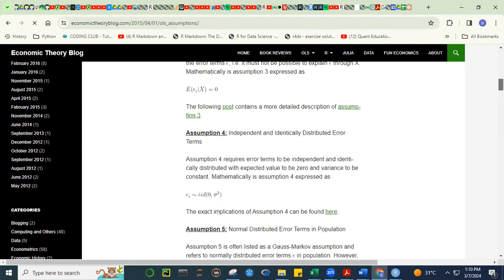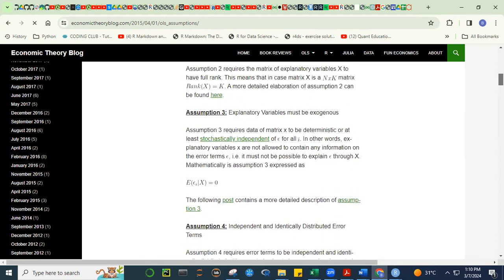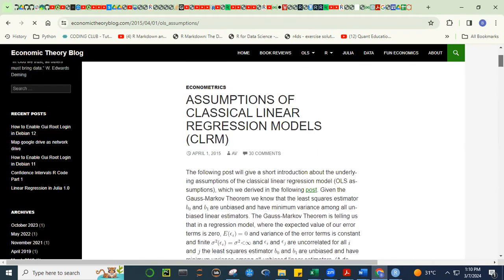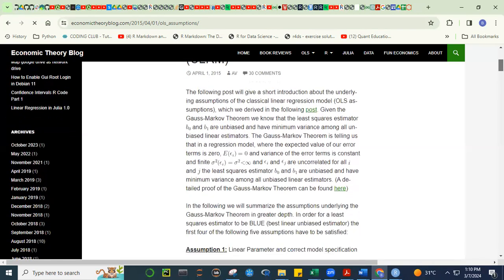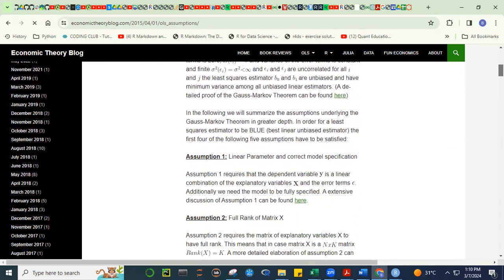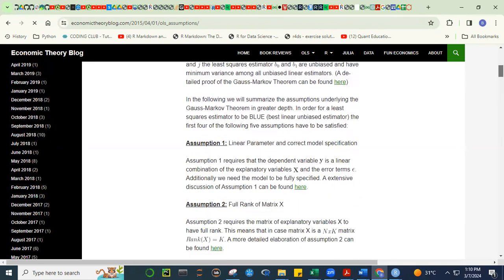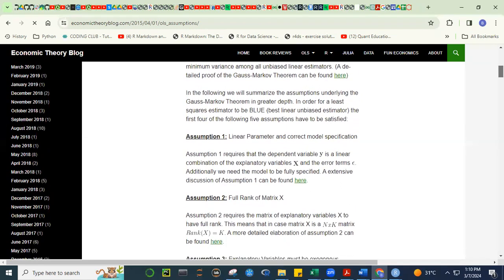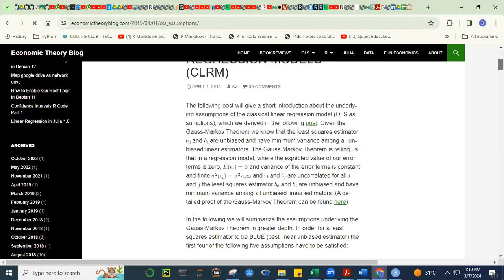There are other sources by which you can look at the assumptions. I like this because it involves some math, and it also involves some practical discussion. Number one is the first assumption. So it just gives a short introduction to the assumptions of the classical linear regression model.